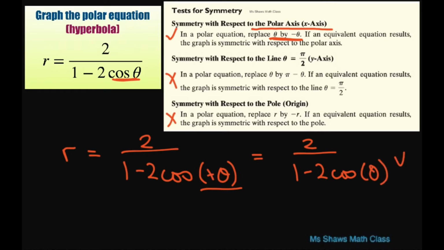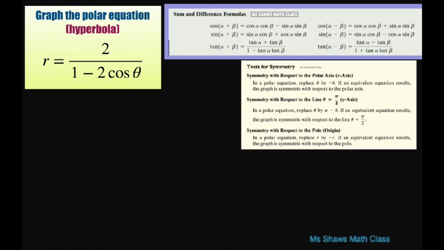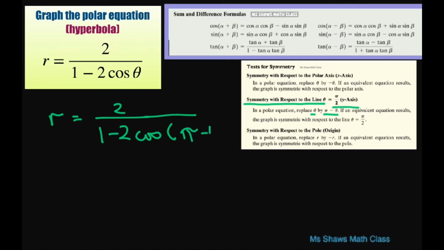Now, the next two shouldn't check out, but we're going to go through the process. Usually this one goes with sine. So let's go ahead and substitute in pi minus theta for our theta.